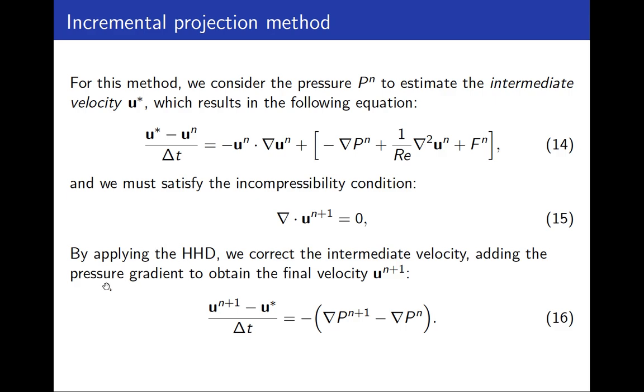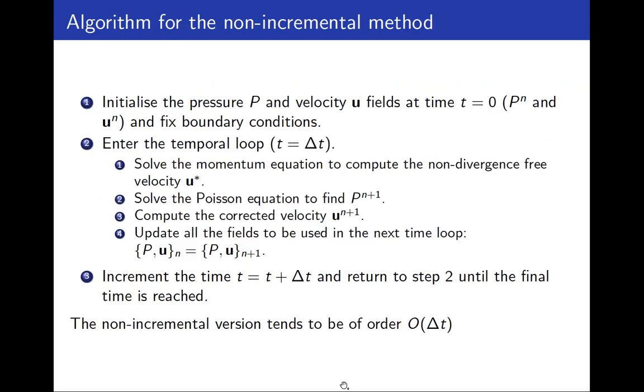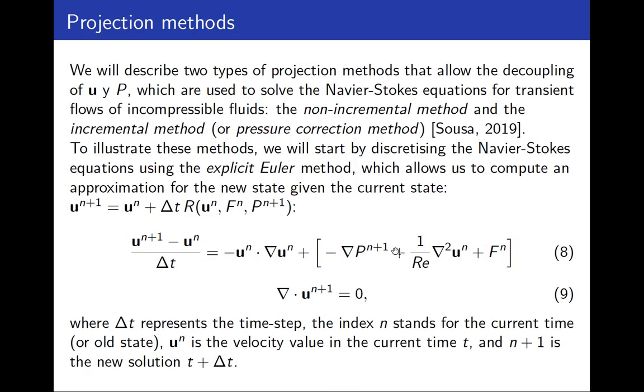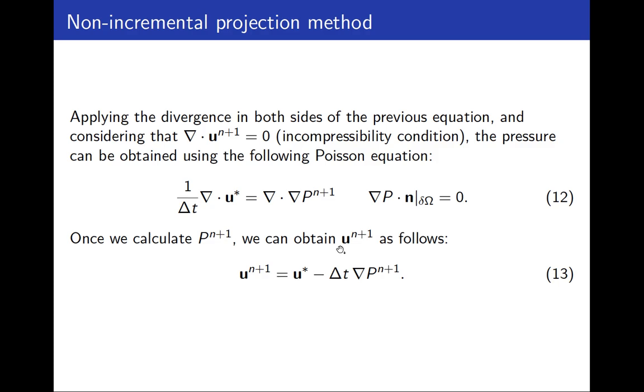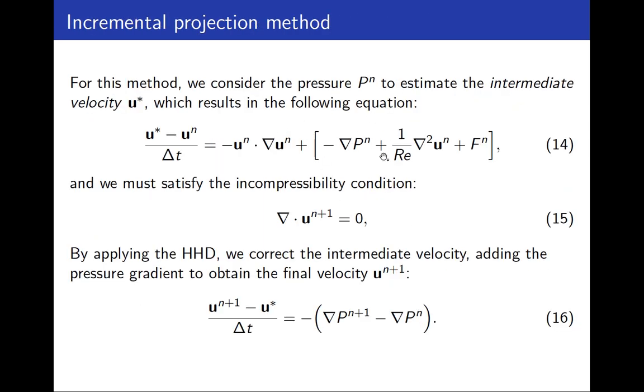By applying the Helmholtz-Hodge decomposition, we will correct the intermediate velocity that is obtained by solving equation 14. We do this correction by adding the pressure gradient to obtain the final velocity un plus 1. So we obtain equation 16, which can also be obtained by taking the difference between equation 8 and equation 14.